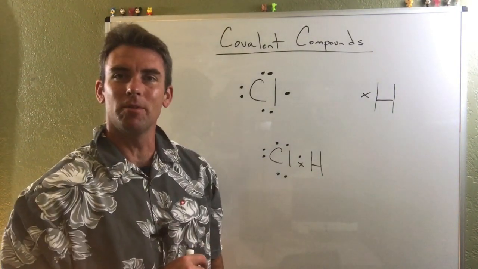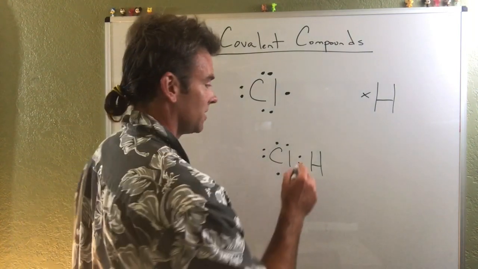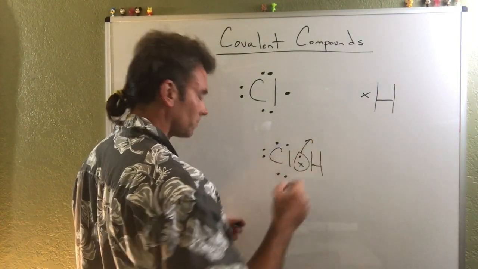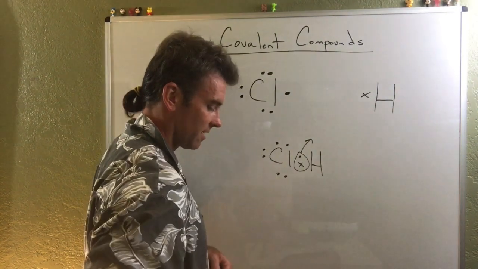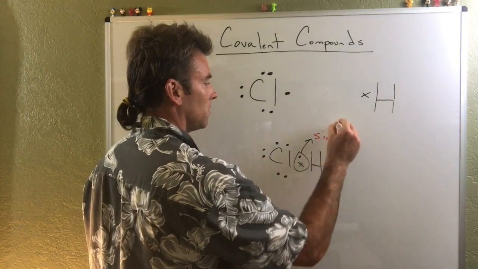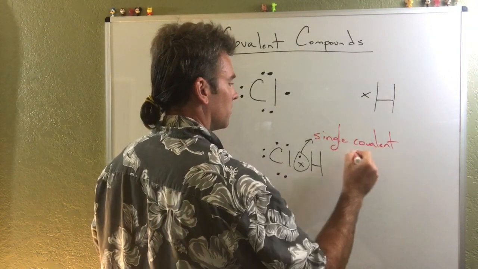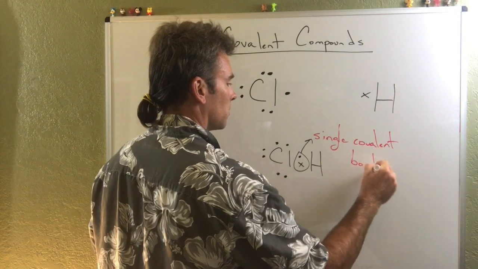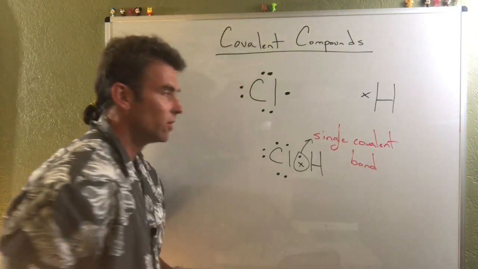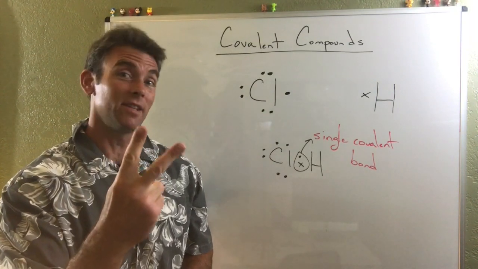What we've just represented is what's known as a single covalent bond. So this right here is a single covalent bond. You'll notice that that bond actually involves 2 valence electrons.